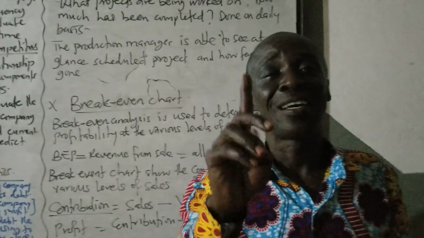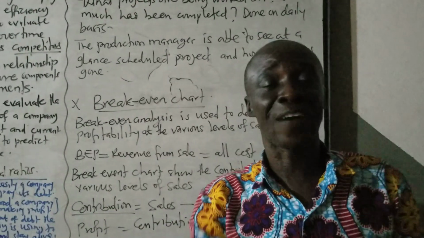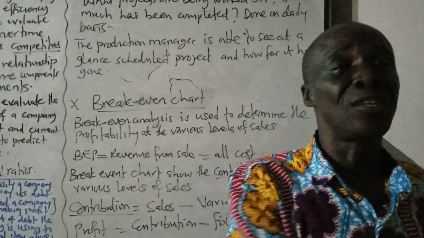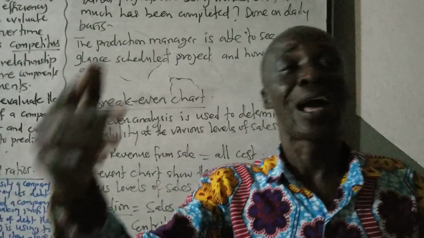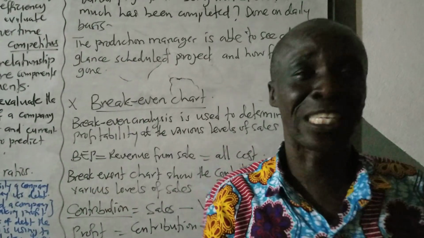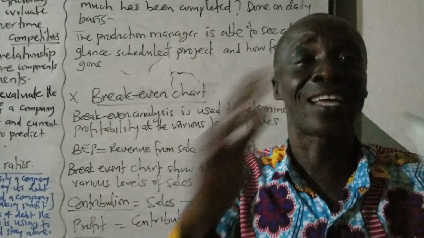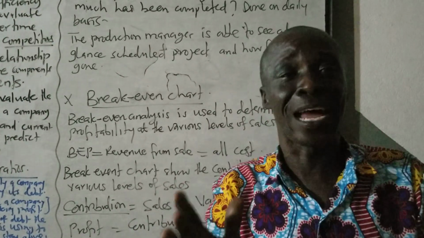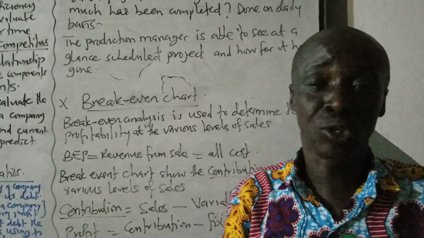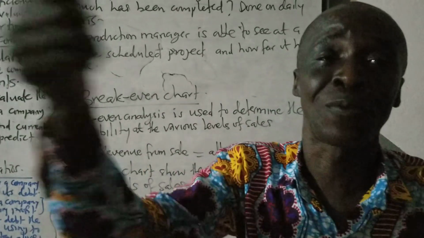Then it means that at 500 units, when you sold one, you were making losses. Two, up to 499, you were still making loss. Then you sold the 500th product. As soon as it was sold, somebody bought, you sold 500.